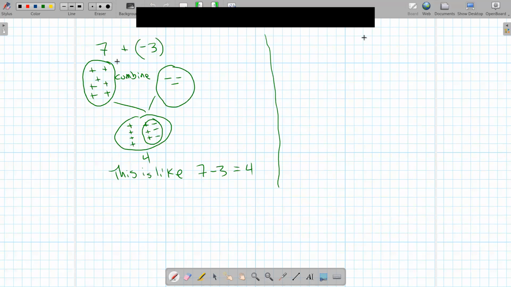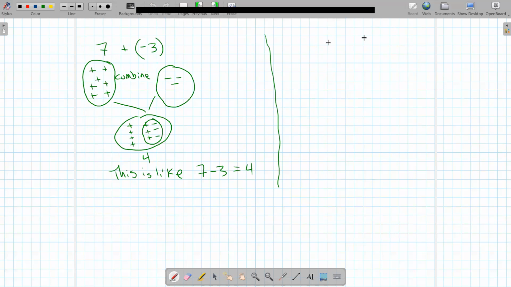And then another example is, what if we had something like 3 plus -7? So we could have our 3 that we combine with the -7. And that gives us a new set.